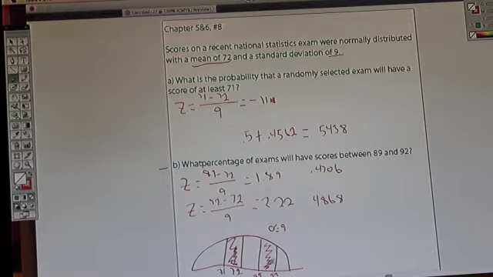We want to find the area in between here. So we're going to take 0.4868 and subtract it from 0.4706, and that gives you a value of 0.0162. And that's the percentage of exam scores that will be between 89 and 92.